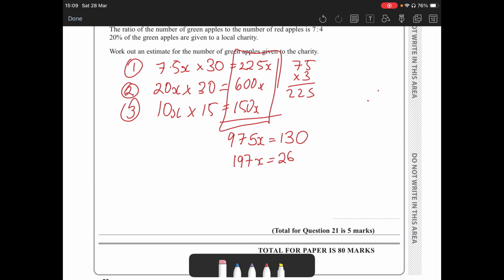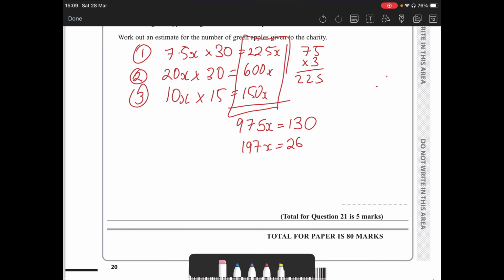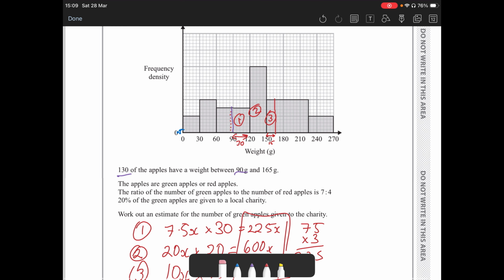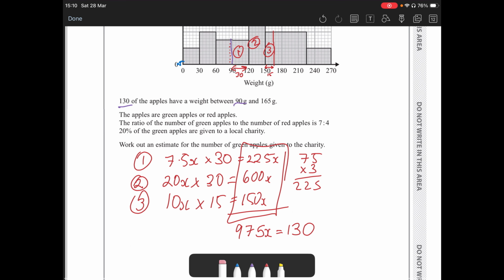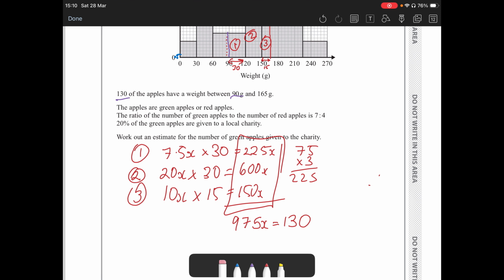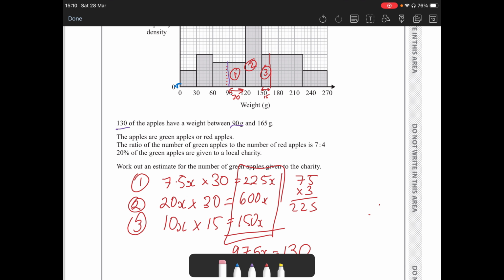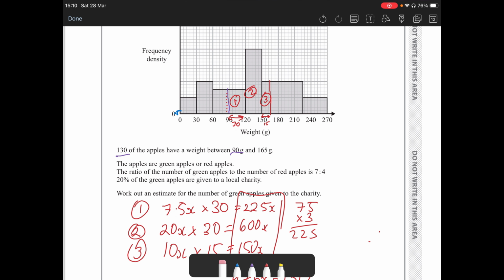Now, this is interesting. I don't know why this is perplexing me as much as it is.